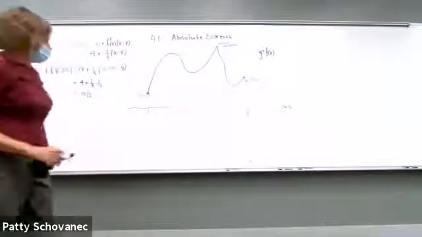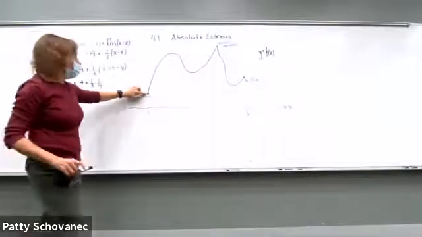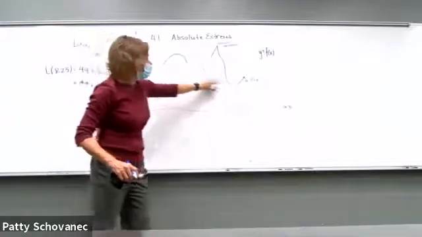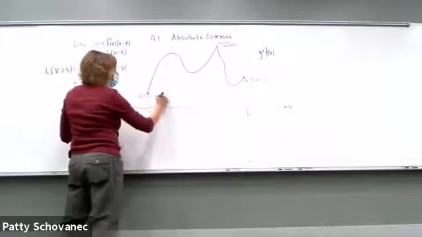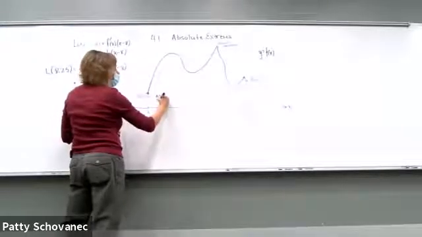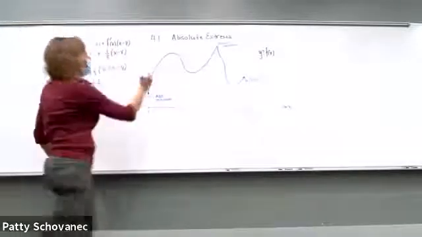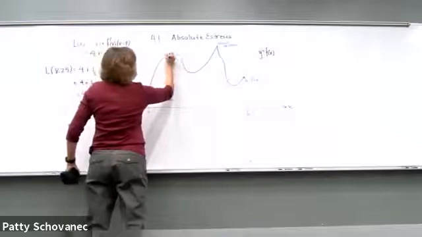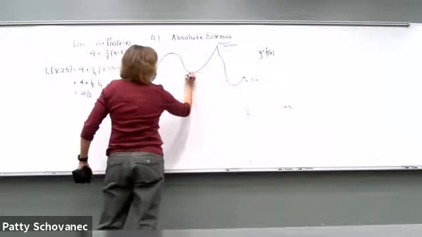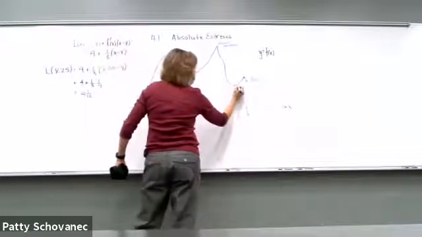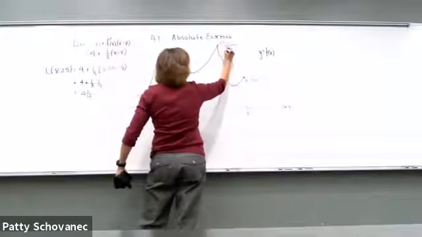And of all the low points on here, it looks like this one's the lowest. Agreed? I'm comparing that low point to that low point to that low point. And that one's the lowest. So here's the absolute minimum. The points that I'm comparing it to have places at which the tangent line is going to be either horizontal or where there's a sharp corner and there's no tangent line.